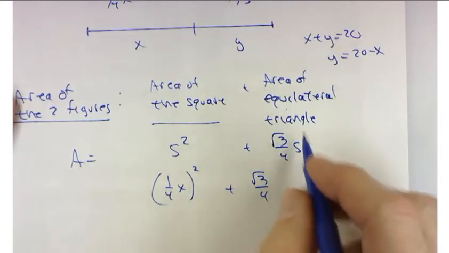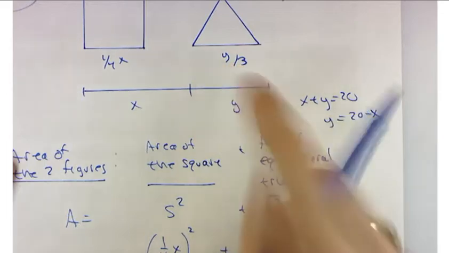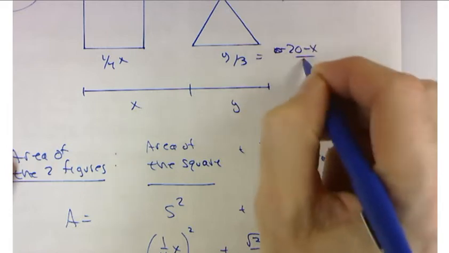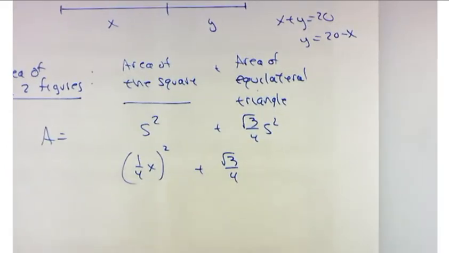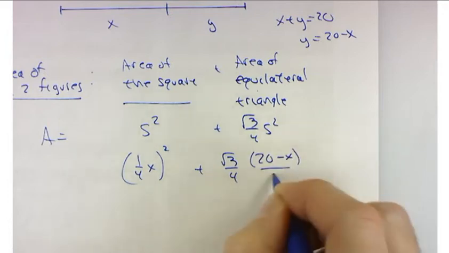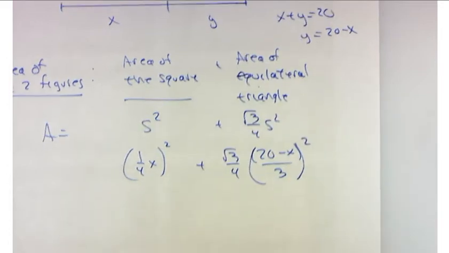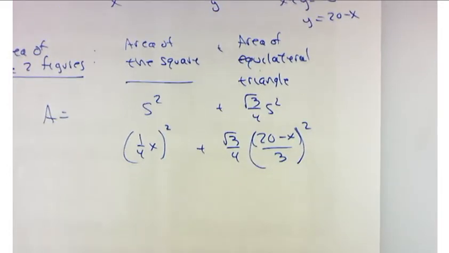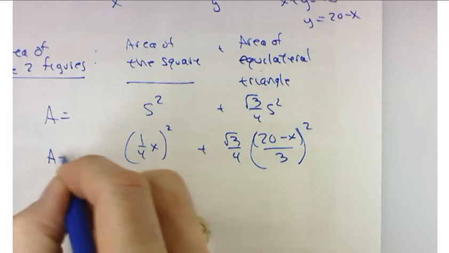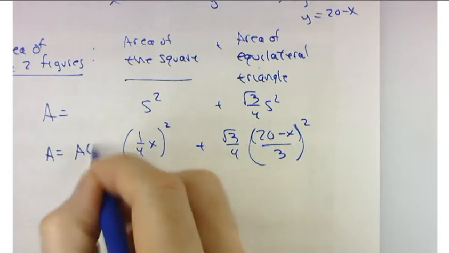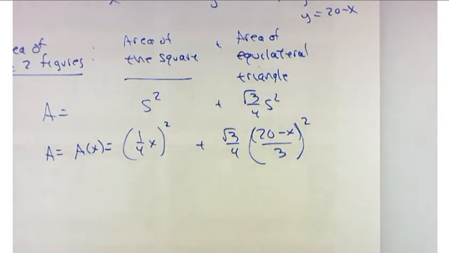So instead of s, the length of the side, I can put 20 minus x over 3, and that whole thing is going to be squared. That's what I needed: a function of one variable that describes the overall area of these shapes.